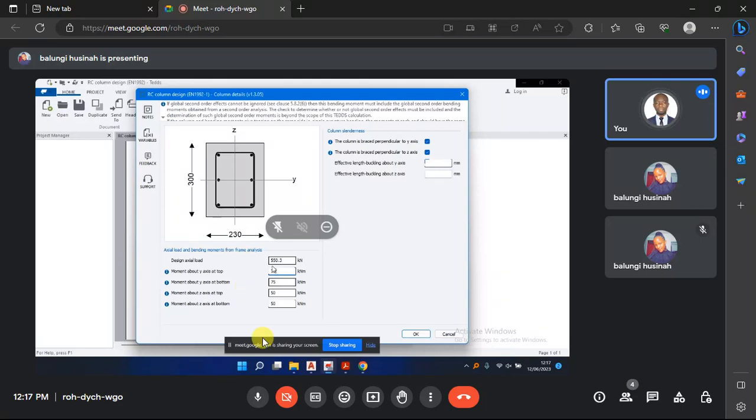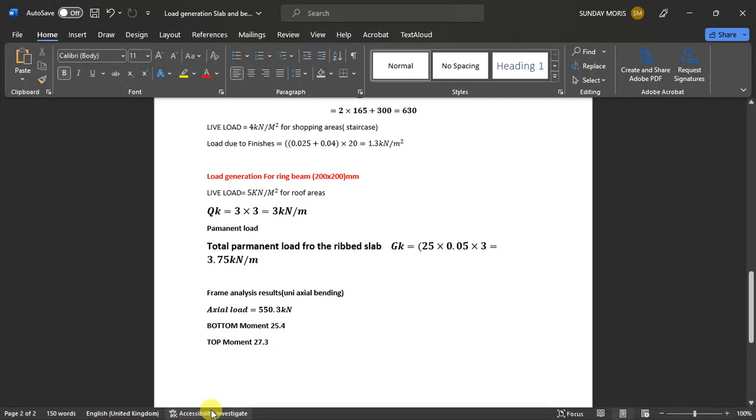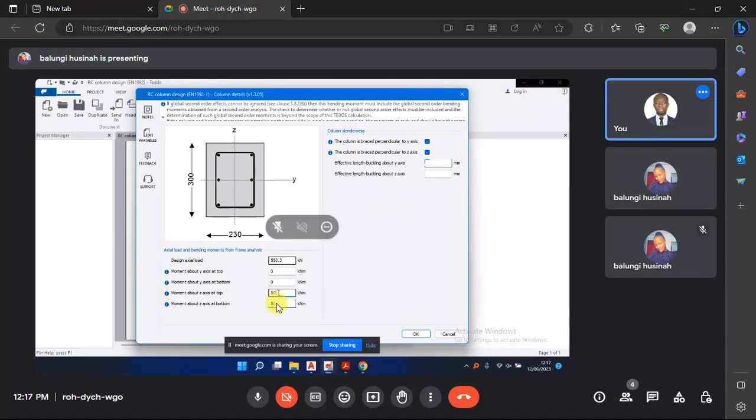Or you can put the minimum. You can only put 0 0, but somewhere in the code they give a minimum moment. Since they are cancelling out, you can put 0 0 or something small like 10. Okay, we'll do that.